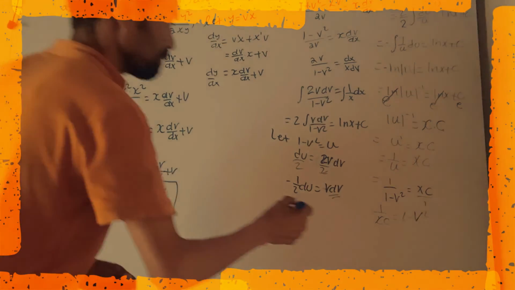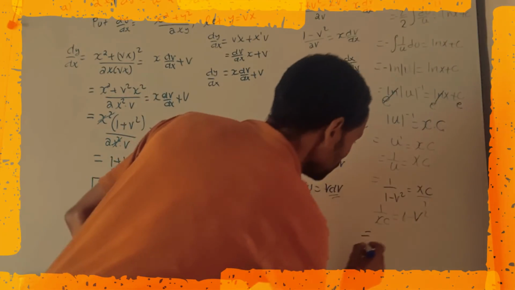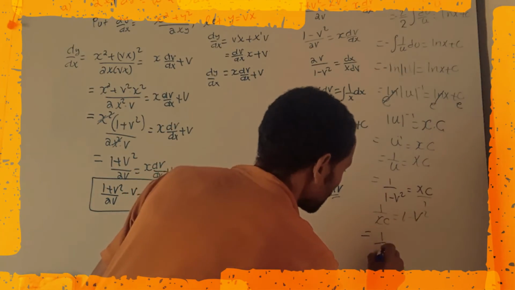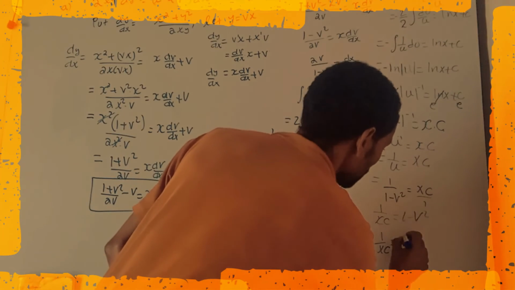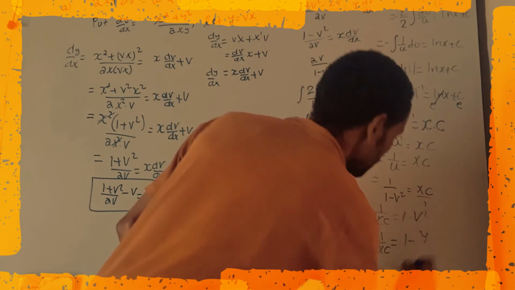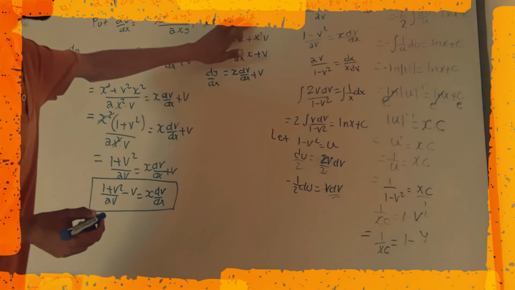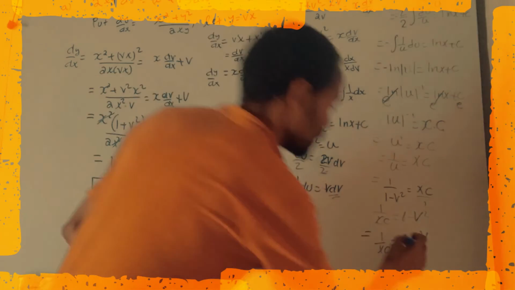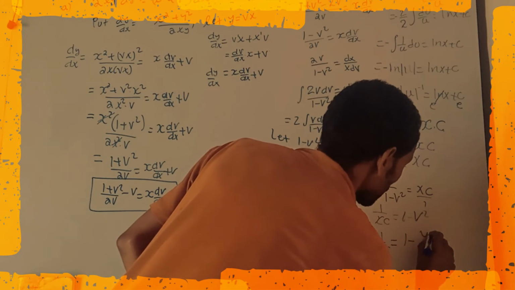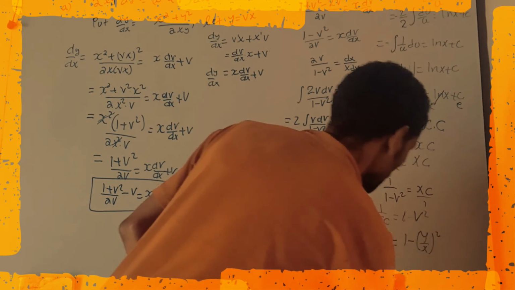Now 1 over xc is equal to 1 minus v squared. Originally we took y is equal to vx, so I can take x squared on both sides.